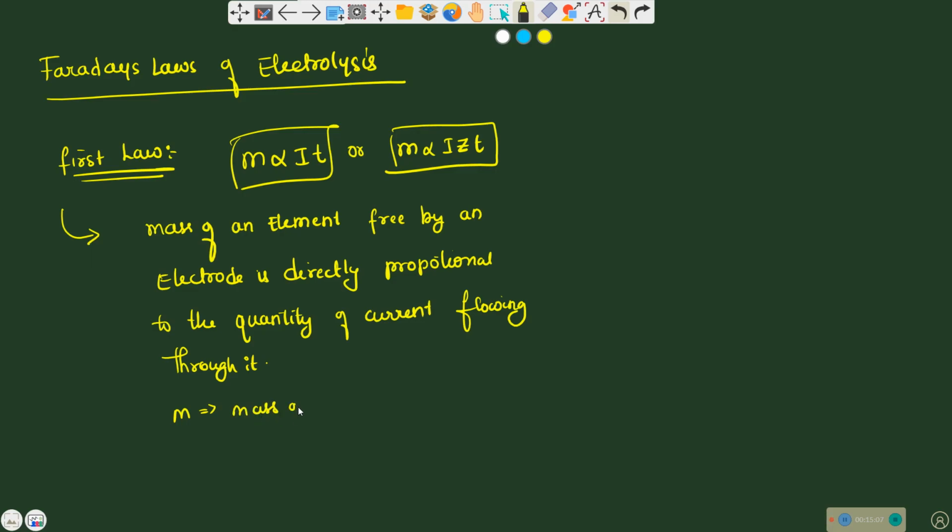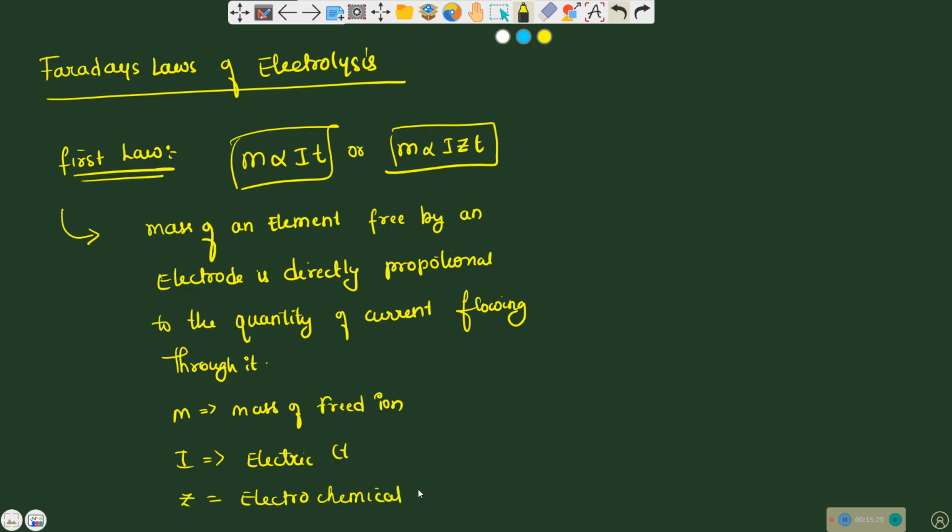Here m is nothing but what? Mass of free ion. Then we have I, electric current in amperes. Okay, then we have Z, electrochemical equivalent.